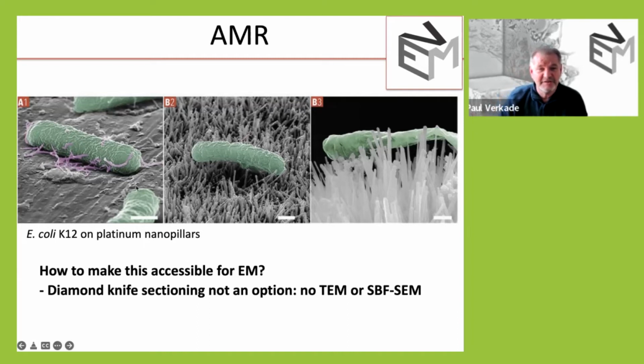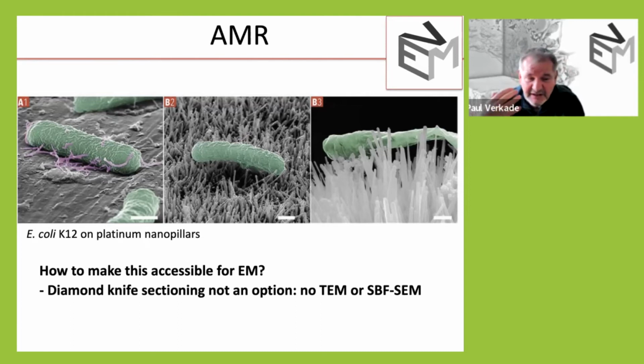And this is what looks like an SEM image. This is what looks like a deflated bacterium that might have been punctured. But that's what we want to know. Is it really punctured, or is it just coincidence that we find that deflated bacterium there? And so how do we access that particular structure?